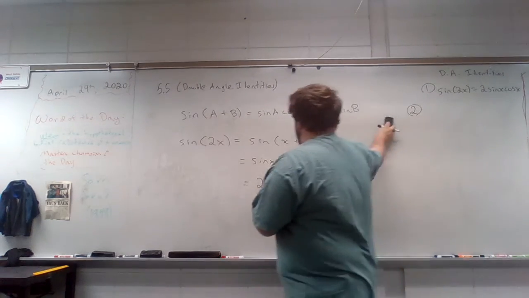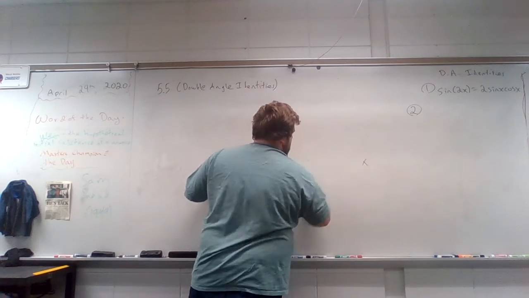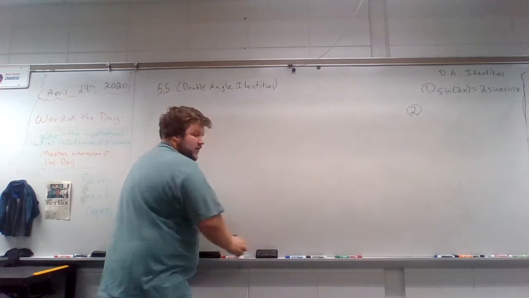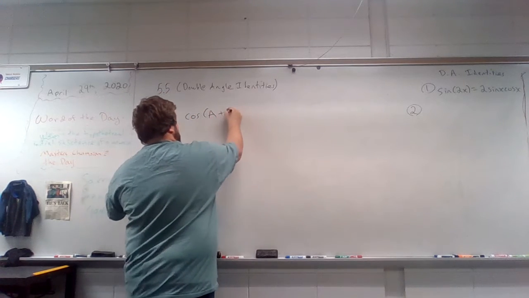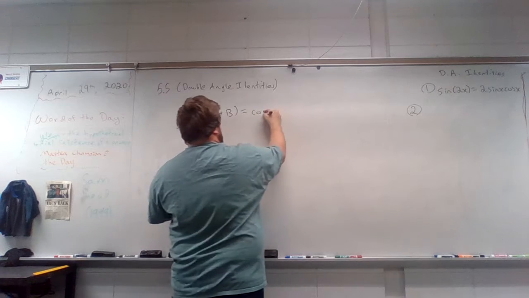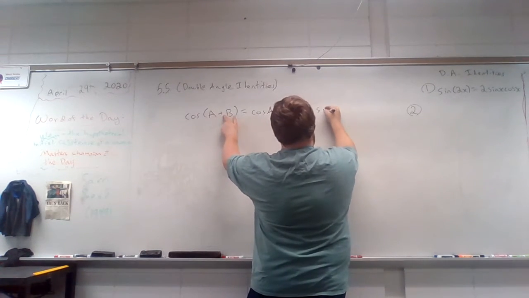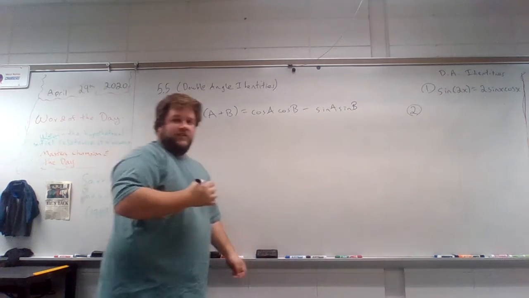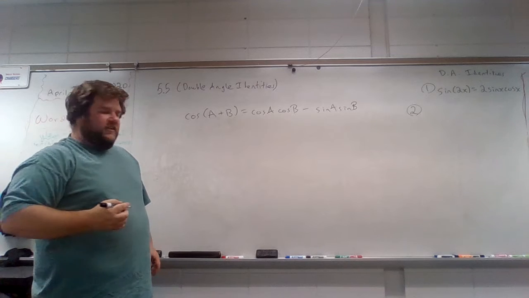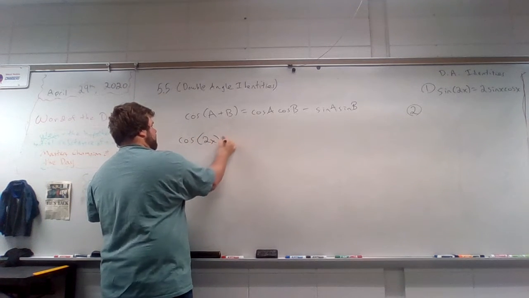Now this other one, I kind of snuck in there, and I said prove it for extra credit, but it was using this original identity, that cosine of a plus b was cosine a cosine b, and then here the sign changes, sine a sine b. I said, let's think about what is the cosine of 2x.